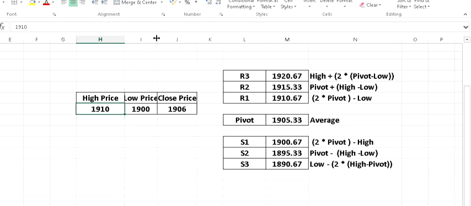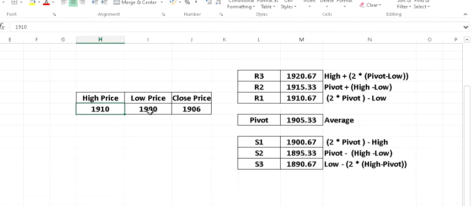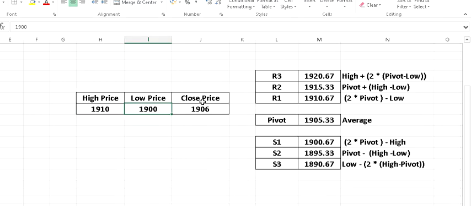Okay, I will need the low price of that candle. I will also need the closing price of the candle. Okay, so I will need the high price, the low price and the closing price of the candle.